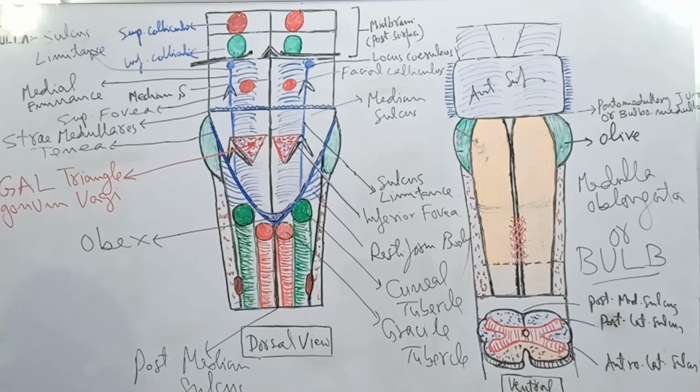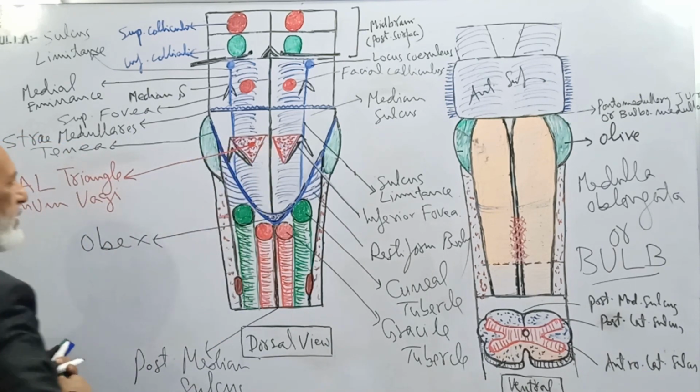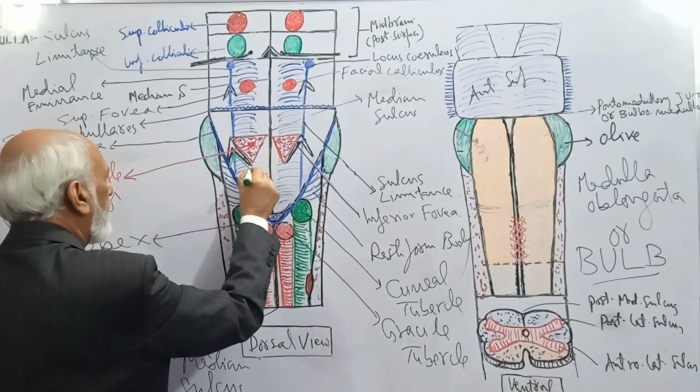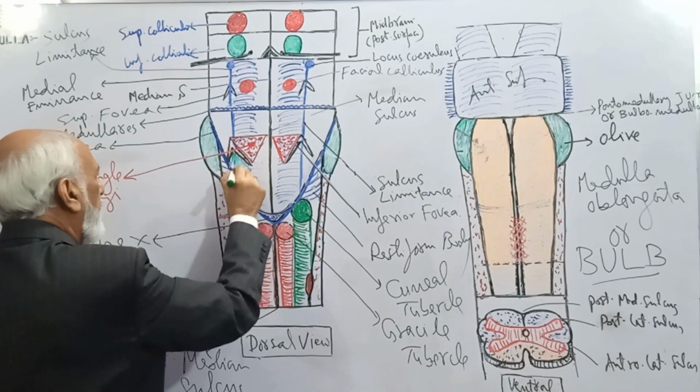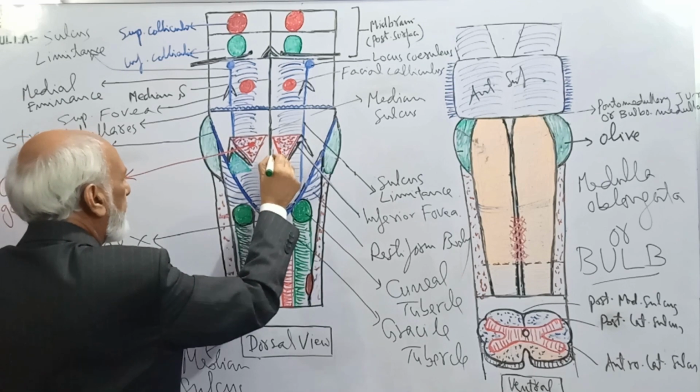Because deep to it lies the dorsal nucleus of the vagus nerve, the 10th cranial nerve, on each side. Then inferior to the inferior fovea, there is another triangular area on both sides.